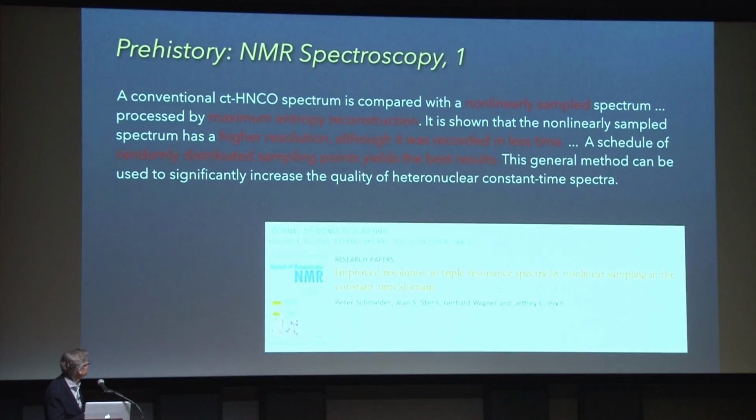A very close example of this is in the paper by Jeff Hoch, a good friend of mine, and his co-authors in the mid-90s, pointing out that you can improve NMR spectroscopy by recording for less time, using random sampling points, and using a certain kind of convex optimization somewhat related to the L1 that we just spoke about.